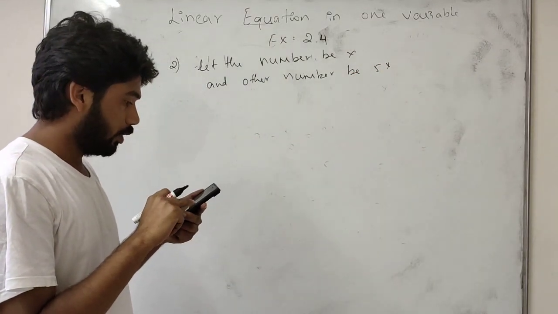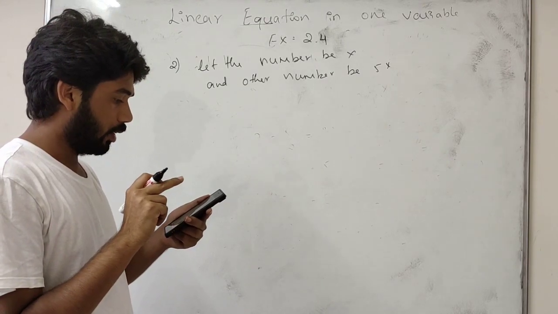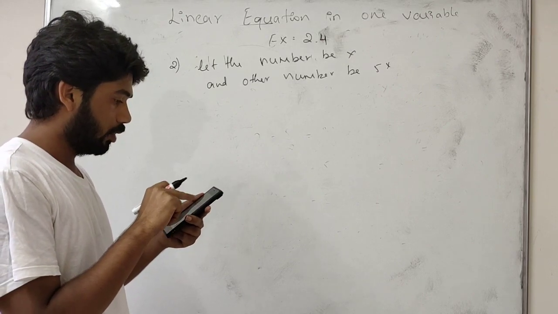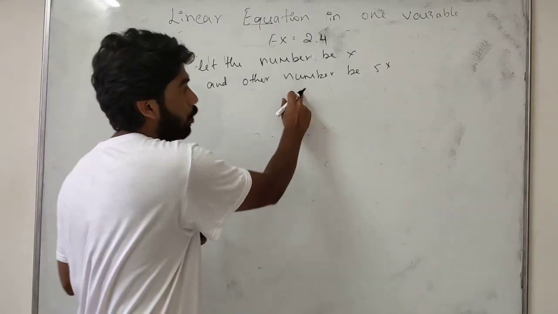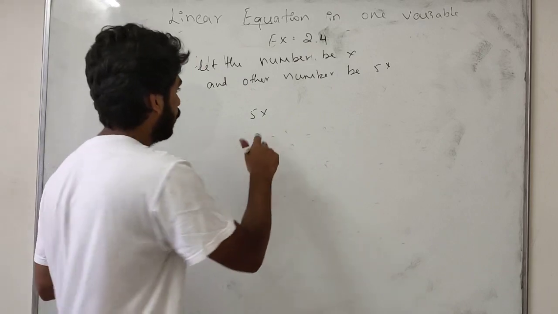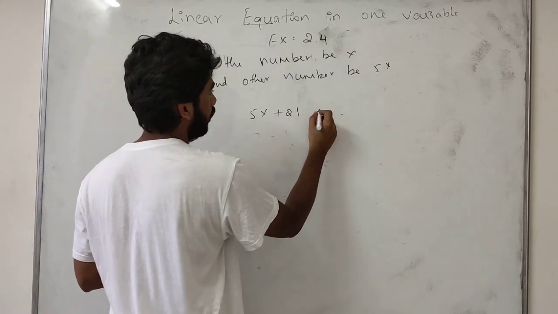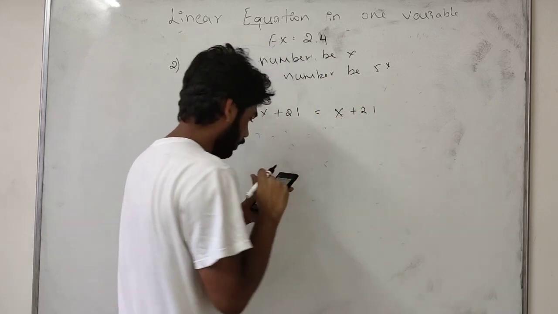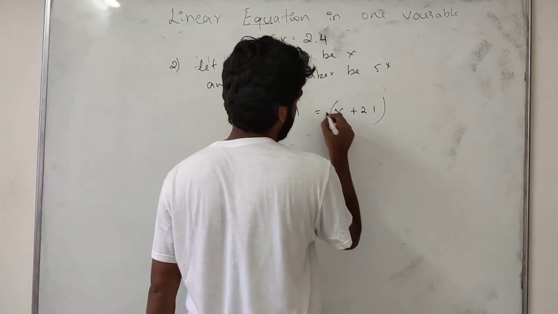If 21 is added to both the numbers, then one of the numbers becomes 2 times the other number. If 21 is added to both the numbers, I will take 5x as one number and add 21 to it. Then to the other number, 21 is added. If one of them is 2 times the other, it will be 2 times.